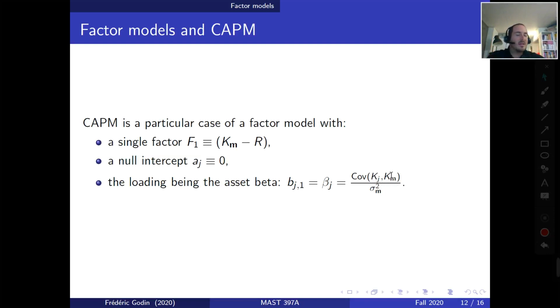Then we see that using these equalities leads to the CAPM model. We revert back to the CAPM model.